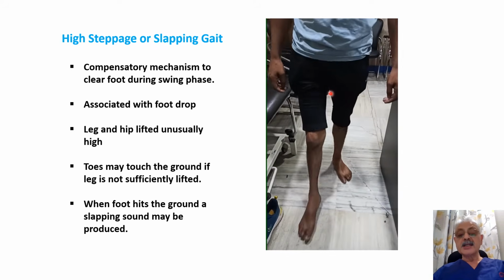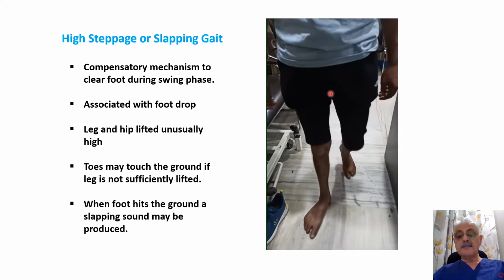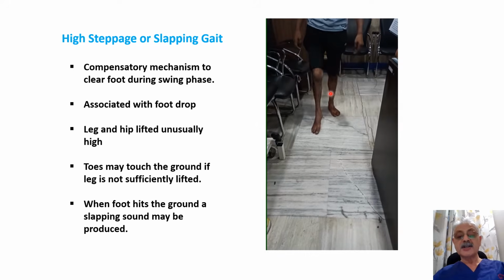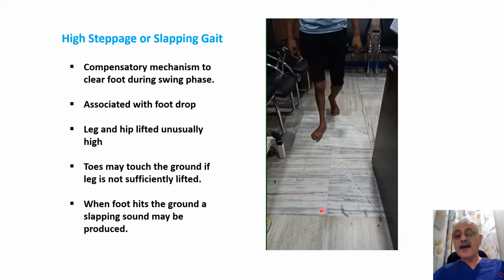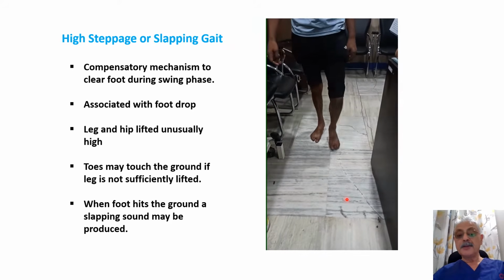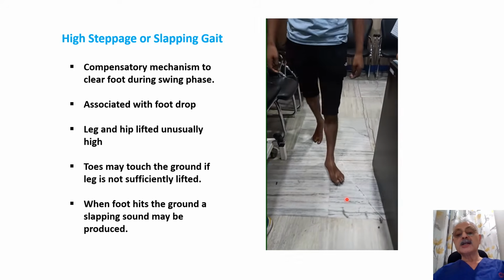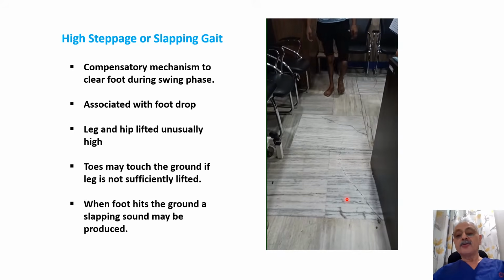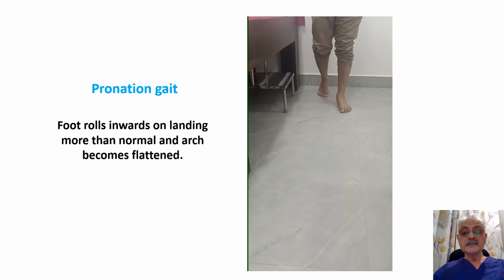And in certain cases, the patient may not be able to lift the legs sufficiently high and the toes may touch the ground. And when the foot hits the ground, a slapping sound may be produced. So that is why this gait is also called a slapping gait. And in foot drop patients, we need to appreciate this gait.